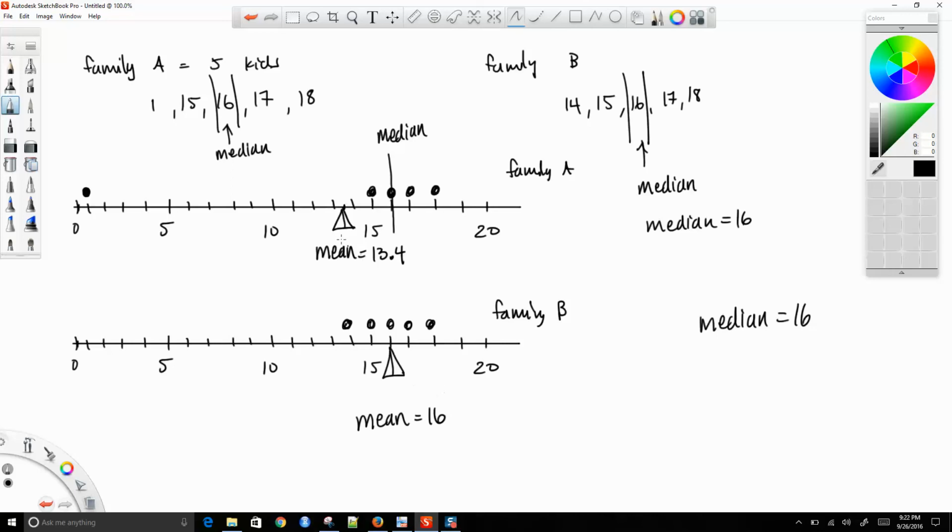And so we can see that because of the extreme value on the low end, or because of the left skew, the extreme value on the low end, the left skew shifts the mean to be lower.